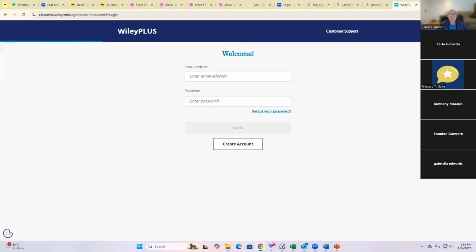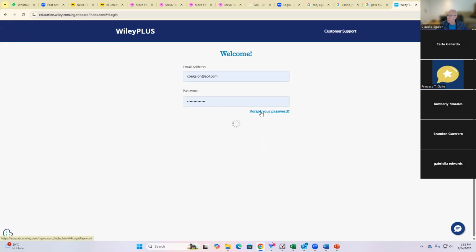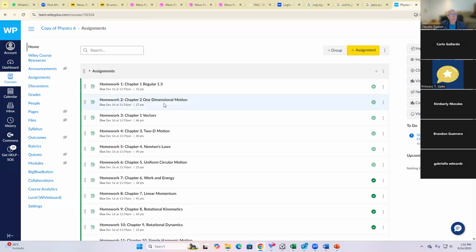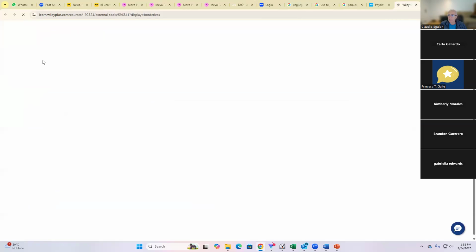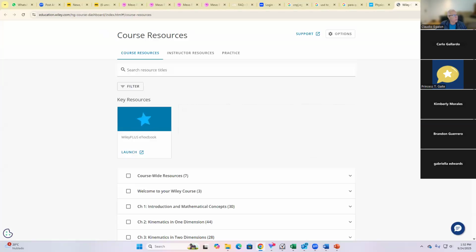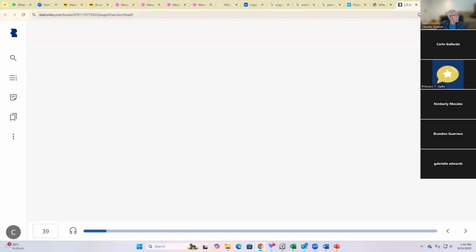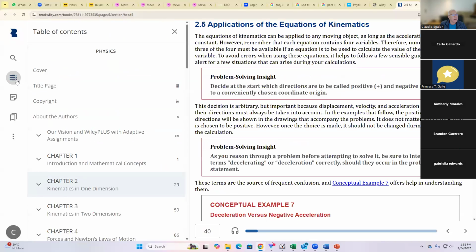Logging in. Launch the textbook. And let's take a look here at kinematics in one dimension, right?